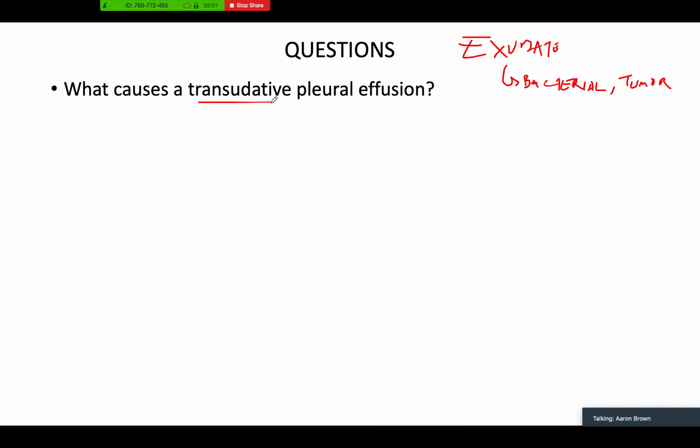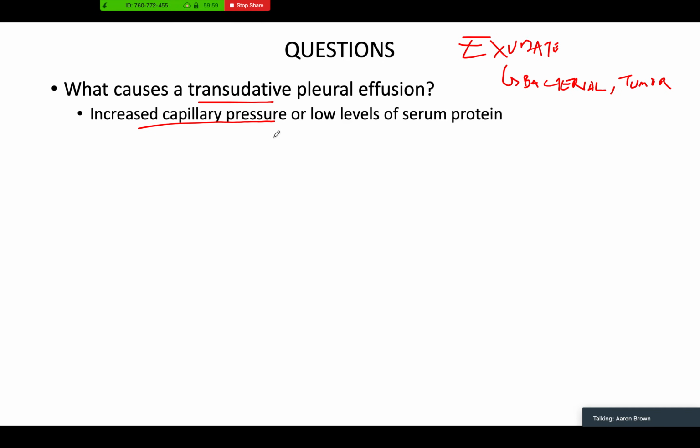Transudate is going to be that low protein fluid in your pleural effusion. And so increased capillary pressure. So if you have a left heart failure where blood is backing up at that left atrium, backing up at the pulmonary vein, now blood is backing up in the capillaries of the alveoli, that's forcing fluid out of the bloodstream and into the pleural area.